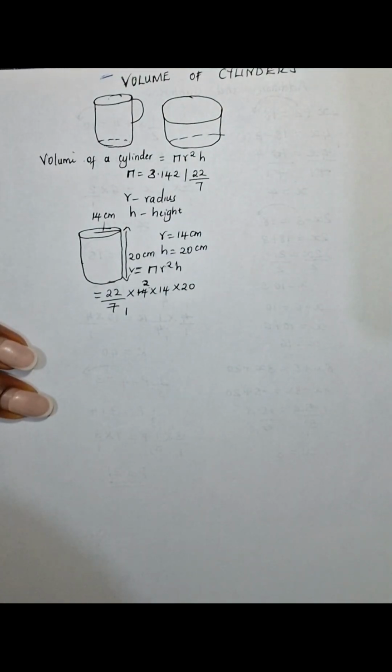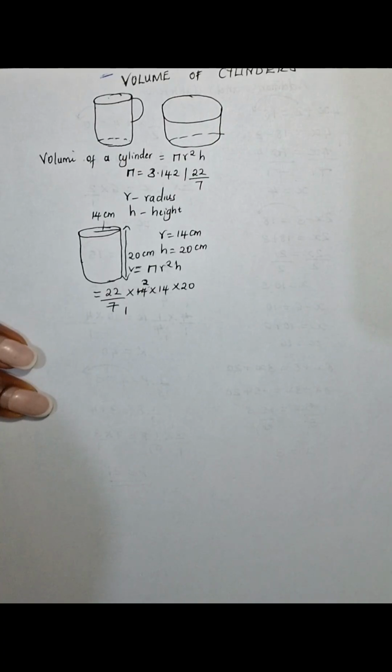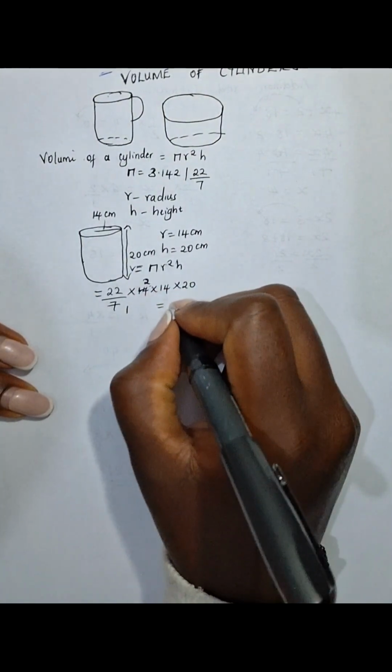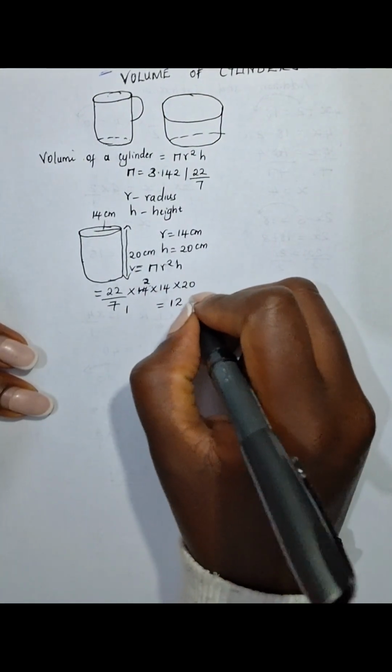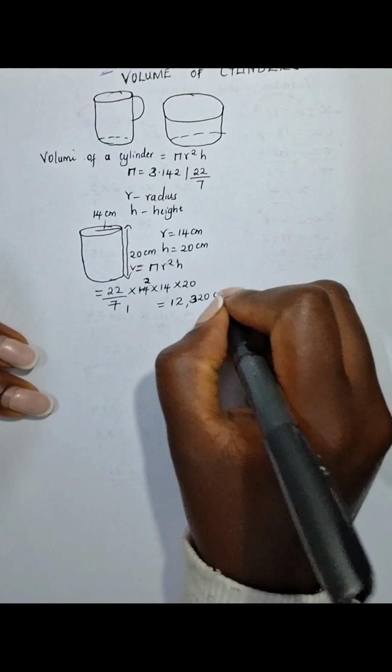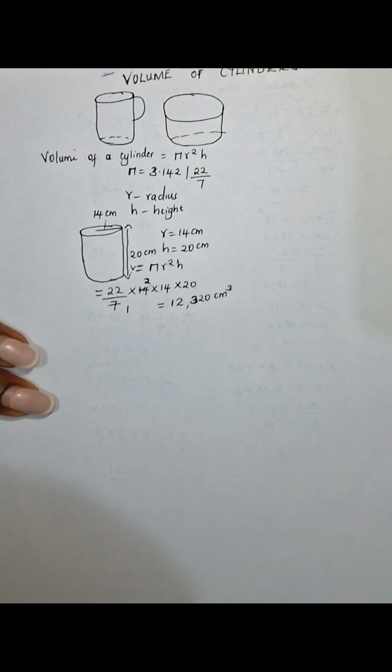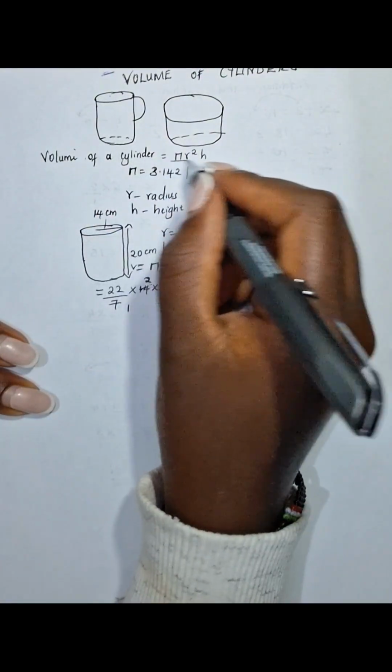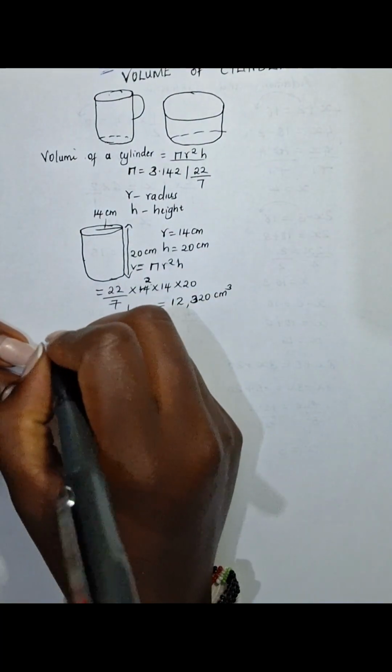So you can feed in your calculator: 22, you multiply by 2, 22 you multiply by 2, then you multiply by 14, then you multiply by 20 to get 12,320 centimeters cubed. Okay?